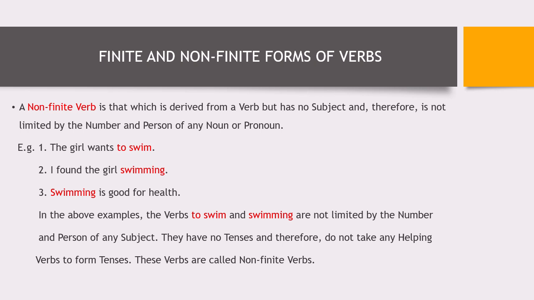I found the girl swimming. 3. Swimming is good for health. In the above examples, the verbs to swim and swimming are not limited by the number and person of any subject. They have no tenses, and therefore do not take any helping verbs to form tenses. These verbs are called non-finite verbs.